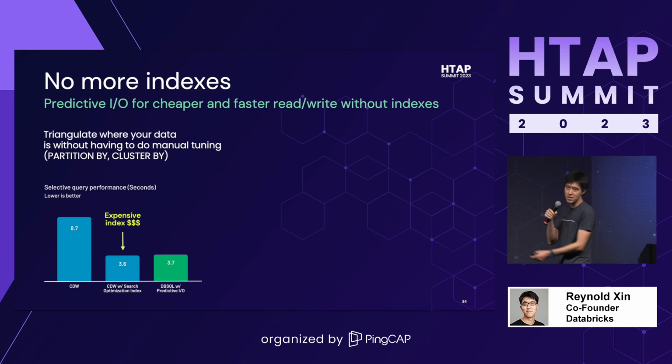This is actually an analytics query that runs across a super large data set. We compared it with a cloud data warehouse that has the search optimization feature, and we turned it on for specific queries, which actually requires us to pay more in the benchmark. And with what we call DBSQL, our data warehousing offering on Databricks, with Predictive I/O, it basically matched the performance of that.